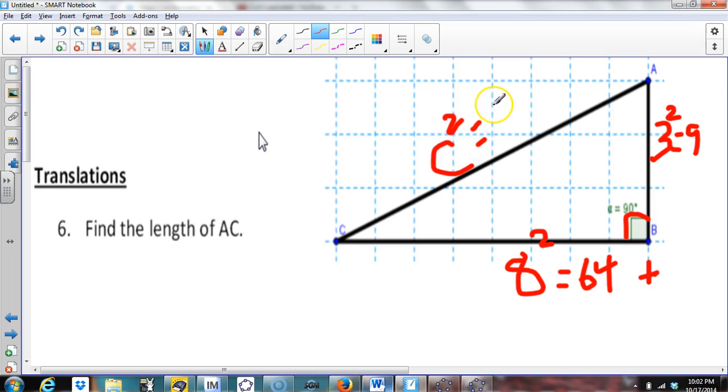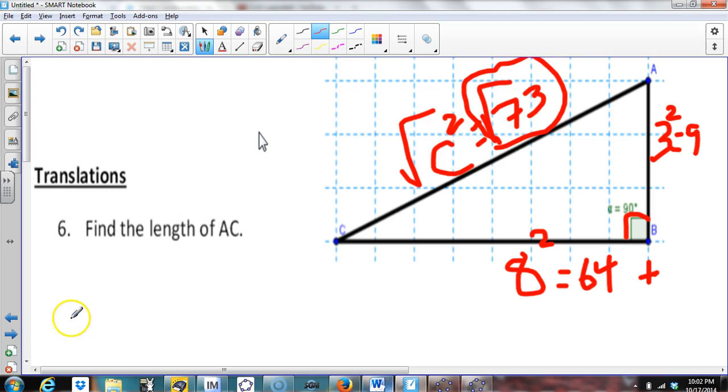So C squared equals 73. Therefore, C is just going to be the square root of both sides, right? So C is the square root of 73. So the exact length of AC is an irrational number, square root of 73, which is about, so I'll use the approximate signs.